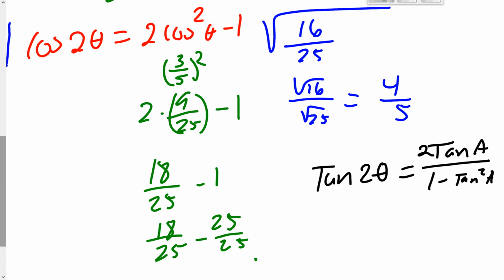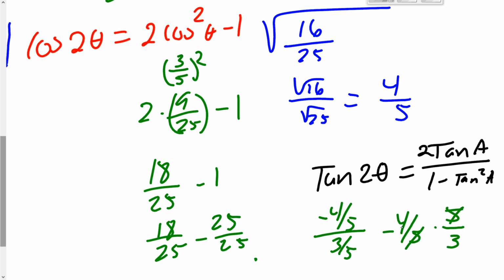We could find tangent because we found sine and cosine. So sine was negative 4/5 and cosine was 3/5. So we can flip that. The 5s are going to cancel, right? This one's negative, so we get negative 4/3. So tangent of theta equals negative 4/3.